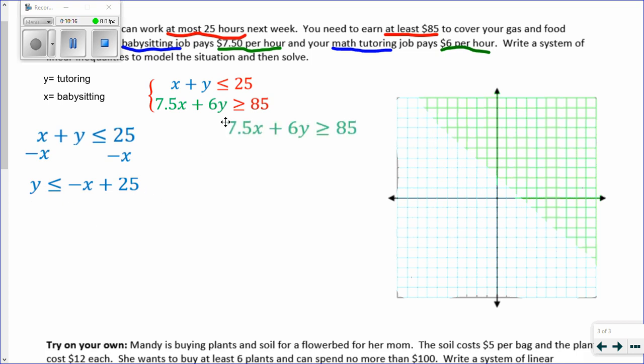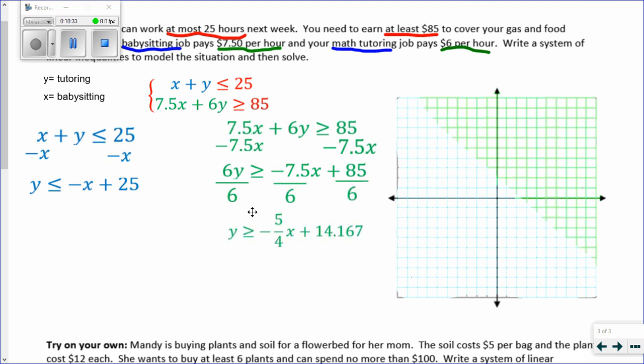And then for the green one, I first subtracted 7.5x from both sides. Then I have 6y is greater than or equal to negative 7.5x plus 85. Divided everything by 6. y equals negative 5/4. I changed this to a fraction just so I could graph the slope. And then I made this a decimal just so I can find my y-intercept rather than deal with a fraction for it. That's the only reason.